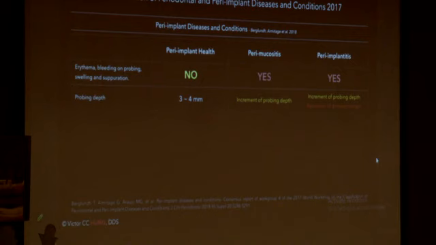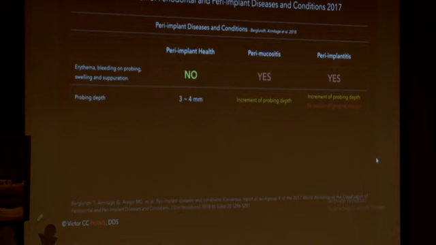Looking at the chart, in peri-implant health we have a probing depth of around 3 to 4 millimeters. In peri-mucositis you have the same, but maybe an increment of probing depth because of the swelling tissue. Keep in mind that the swelling tissue may affect your probing depth, but it doesn't mean that the implant has bone loss.